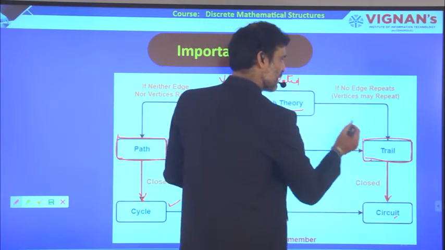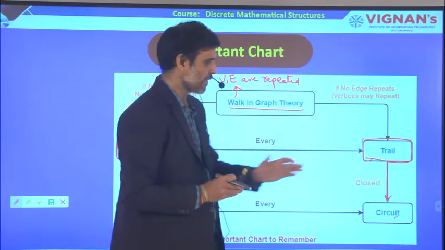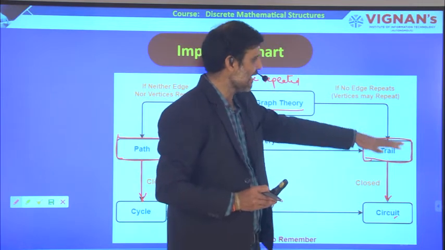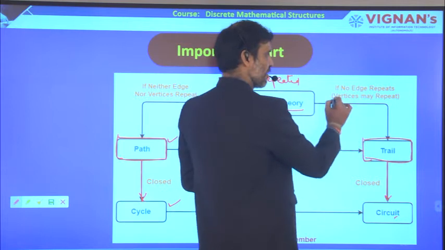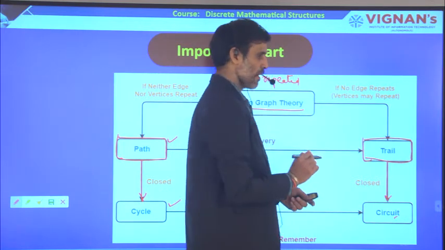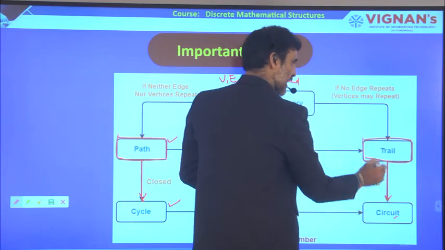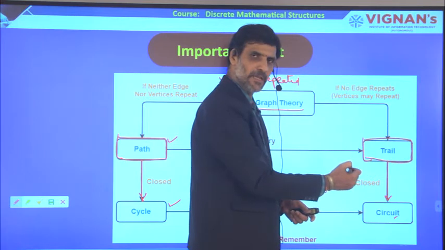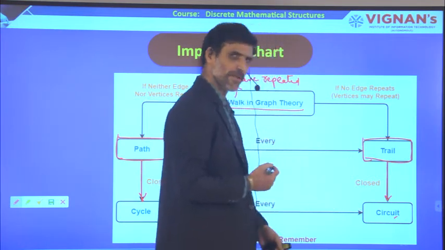Otherwise, it is simply called a trial. If the start vertex and end vertex are not the same, then it is called a trial. So how do we define a trial? In a trial, edges are not repeated, but vertices may be repeated. A trial is said to be a circuit if the start and end vertices are equal, even though intermediate vertices are also repeated. Therefore it is called a circuit.